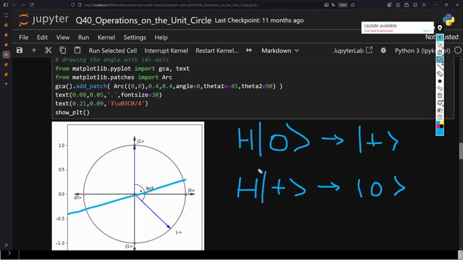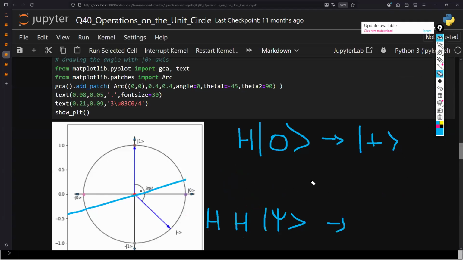No matter how many times I apply the H gate onto some state C, if I apply the H gate twice, it is as if I didn't apply anything. So this is also connected to some other property of the quantum gates, that some of these gates are their own inverses.